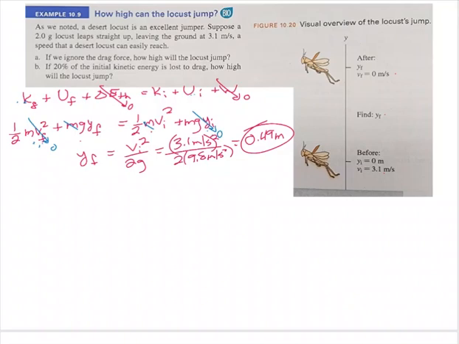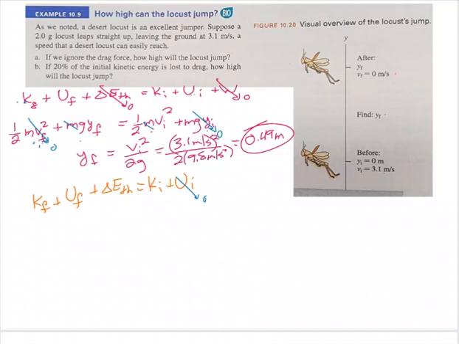I'm going to go right back to the full on original, except for work, because we know that there's no work. So K final plus U final plus delta thermal equals K initial plus U initial. Okay. Now, we know from what we just learned that there is no initial potential.